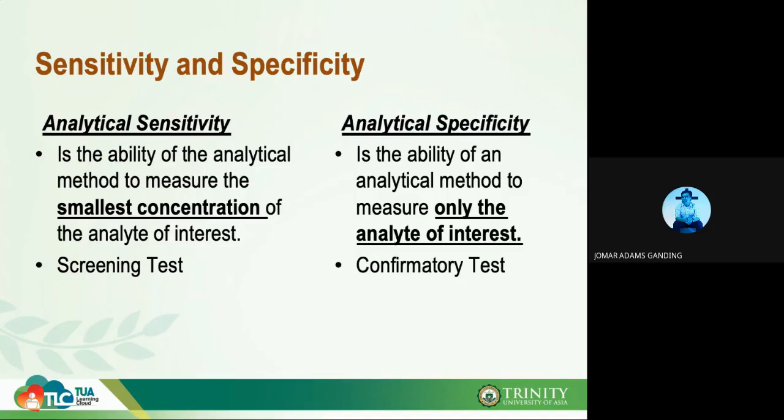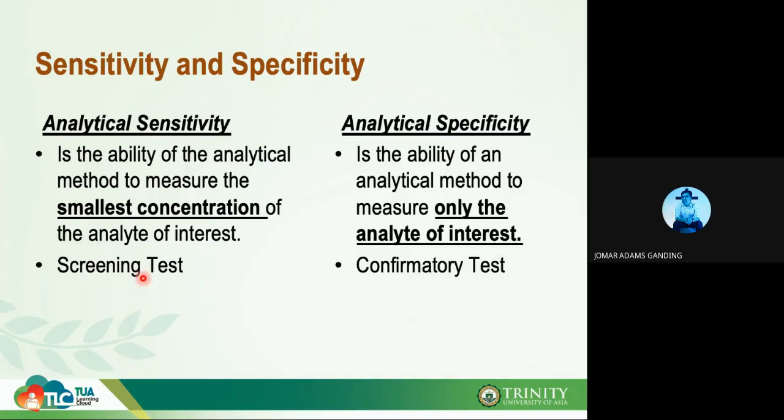Because we need to detect all cases of COVID-19. If the sensitivity of your screening test is very low, you might have patients misdiagnosed as false negative. So again, that's what I want you to remember: analytical sensitivity, smallest concentration, should be a characteristic of your screening test.